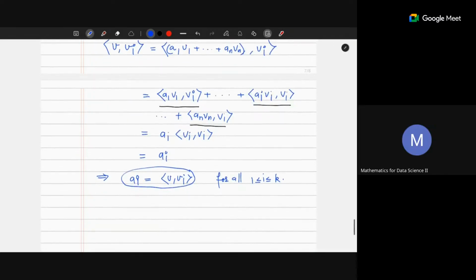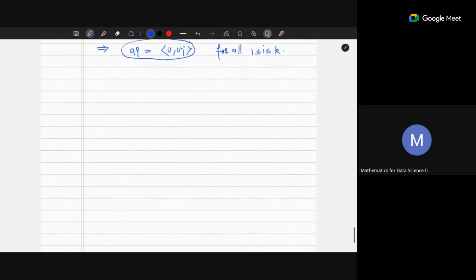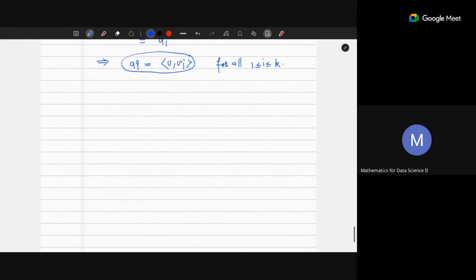To be more precise, let's consider this with the standard basis in R2. In R2, we have a standard basis E1 and E2, with the dot product.